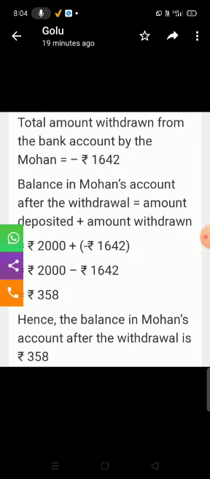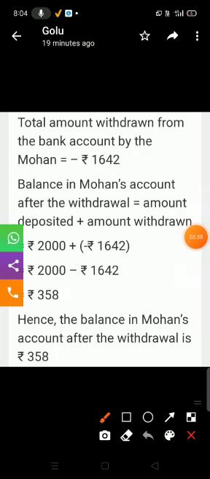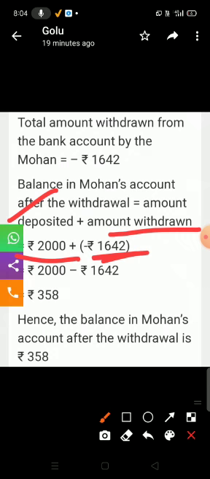The balance in Mohan's account after the withdrawal is the amount deposited plus the amount withdrawn. So the amount deposited is 2000 and the amount withdrawn is minus 1642. So we have to write minus here, then subtract 1642 from 2000.